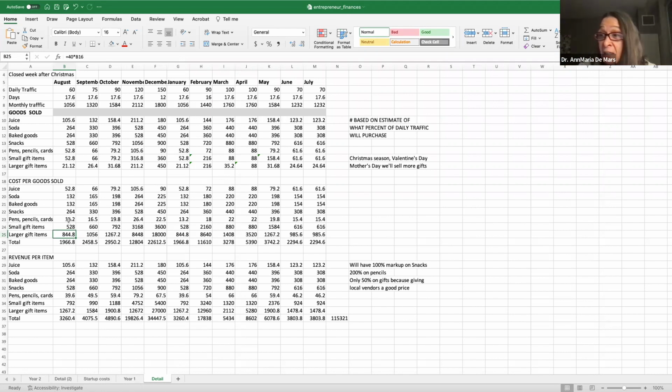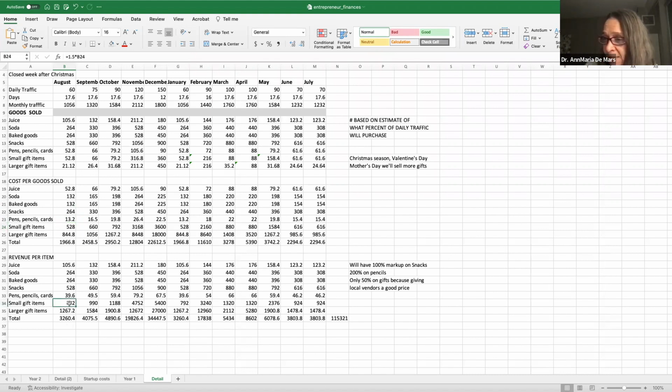So for all these snacks and things, we're selling it at double the cost, so we're making a 100% profit margin. With these people, we're making a 50% profit margin because we're giving more of the money to the people that made it. So you can actually quantify the decisions that you make.